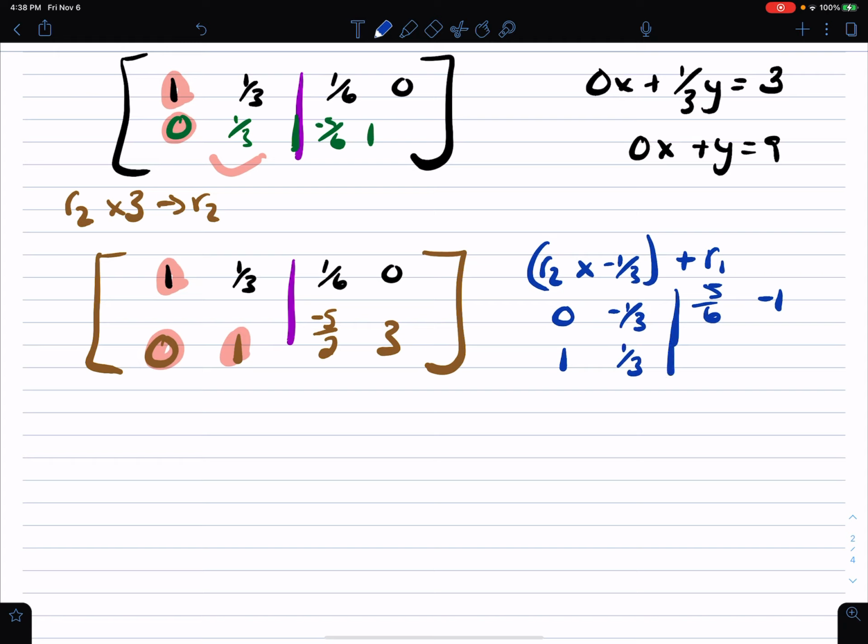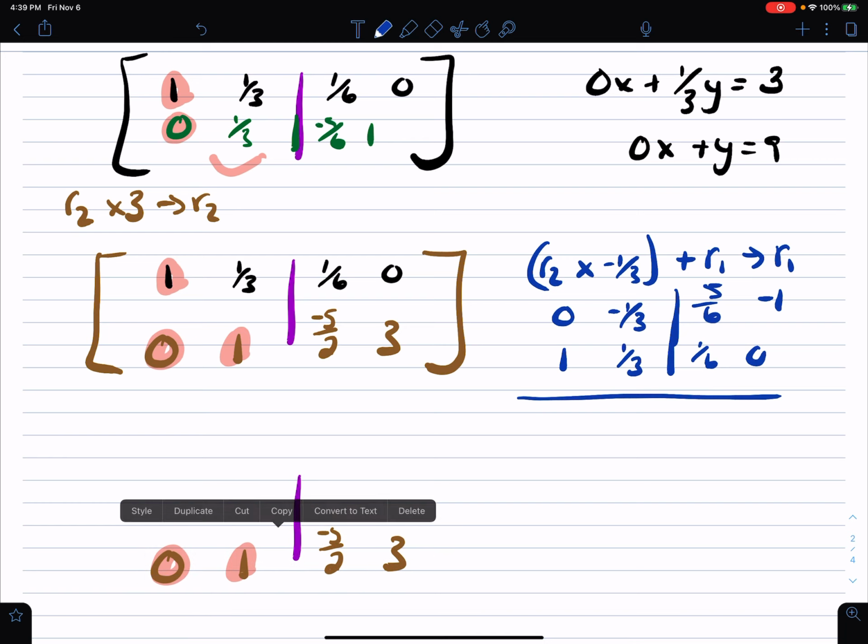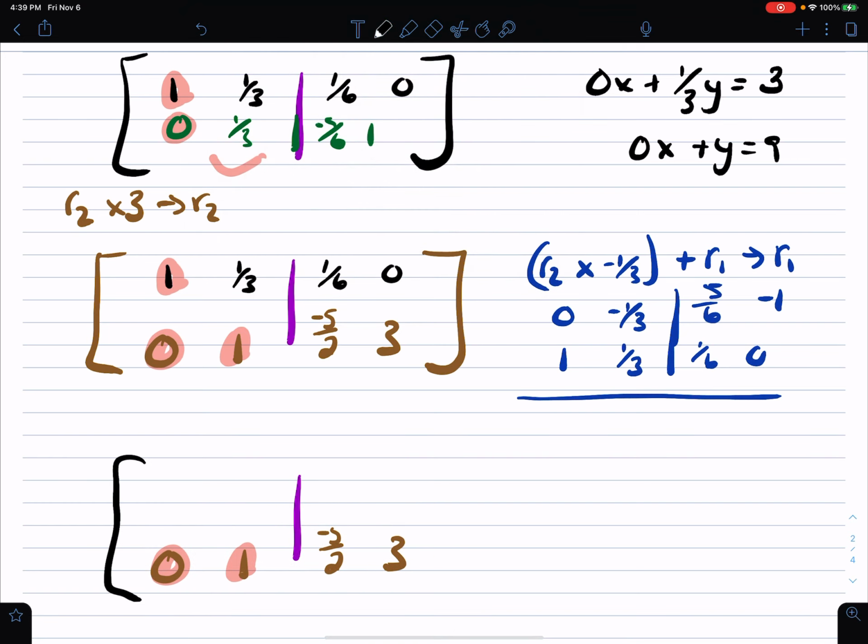I'm going to use the linear combination, combining these equations to make my new equation, and I'm just going to put that equation in row 1. So I didn't change my second row, but I'm using that fact to write a new fact for my first row. And that's going to be a 1, a 0, a 1, and a negative 1. So that's my new fact.